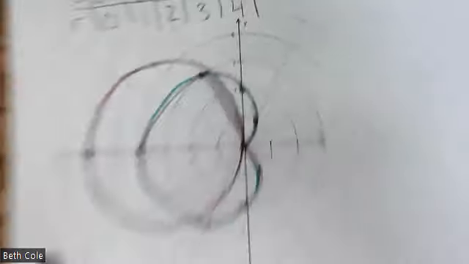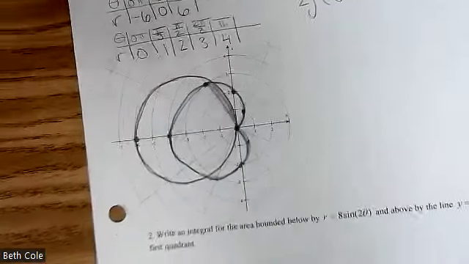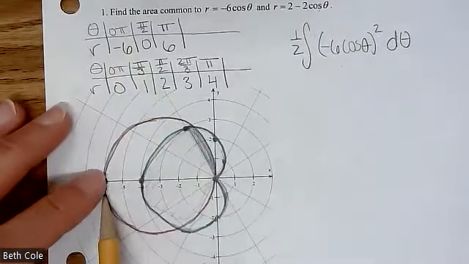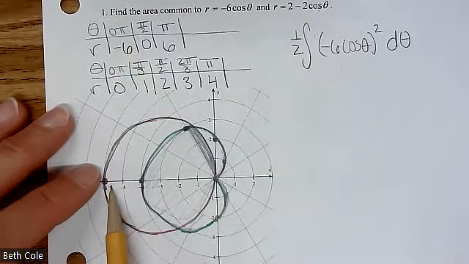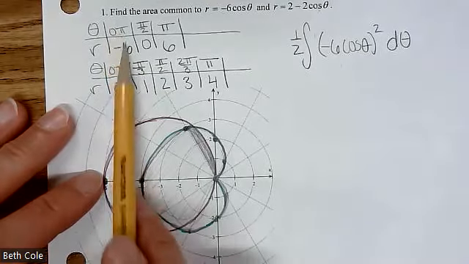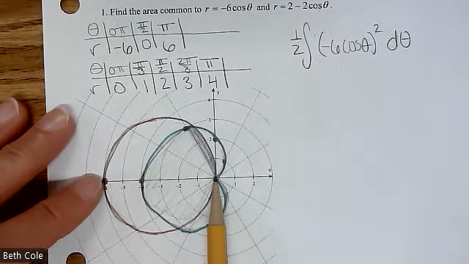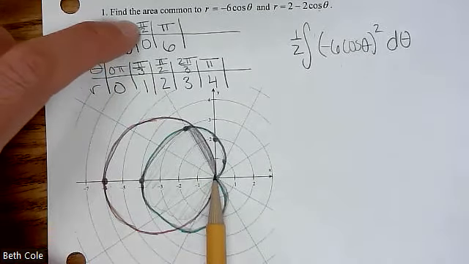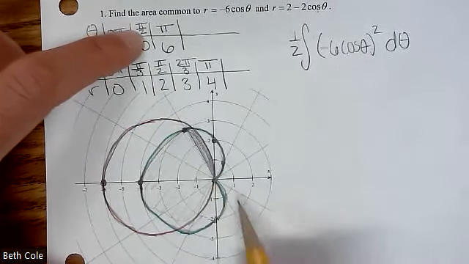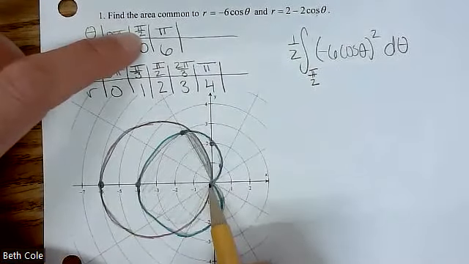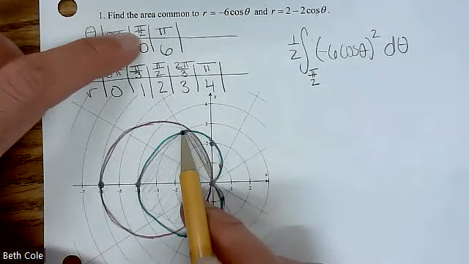All right, so let's figure out what those boundaries would be. Let me go back to pointing to the graph. When we did 0 pi, we started here. You kind of have to watch me point to it. This was where we started. 0 pi was here. And then when we came around to this point, that was pi over 2. So we're going to start at pi over 2. And then we're going to rotate to this point.